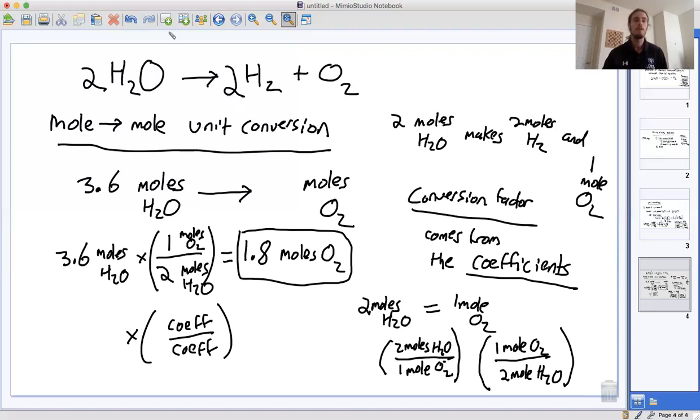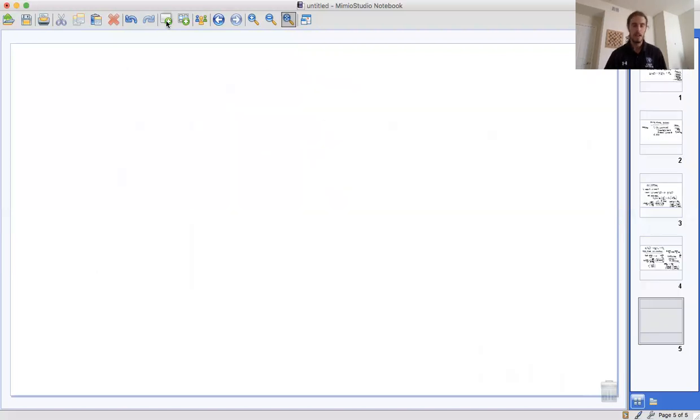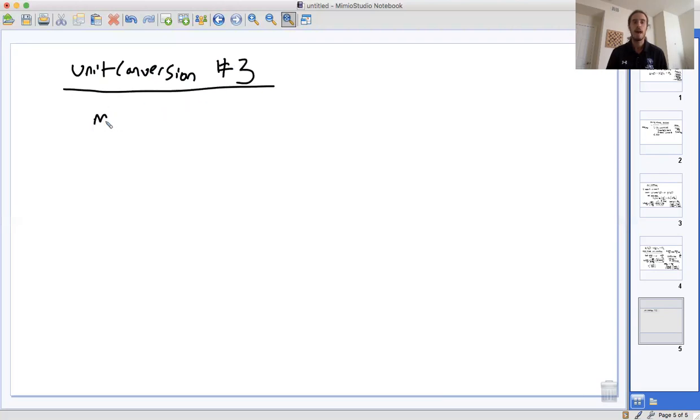Now, there's one more type of conversion we should look at, and that's unit conversion number 3. That's a mass of a particular substance, how to convert mass to moles.